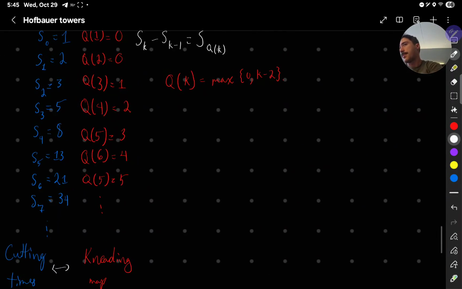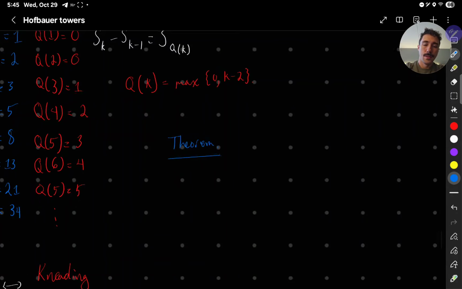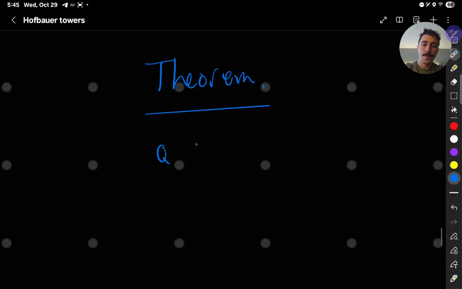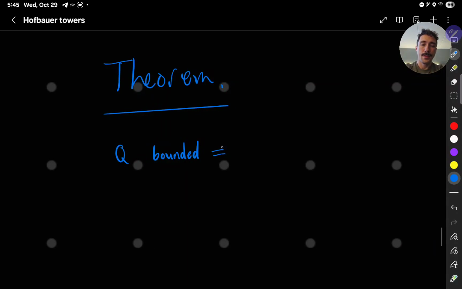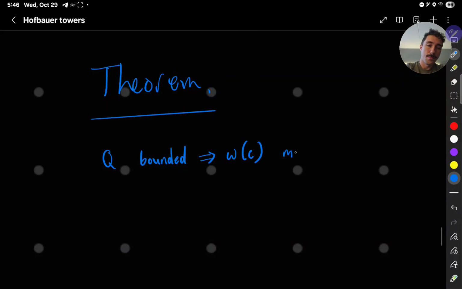Let me look to make sure I'm saying this right. So we do have a theorem. It turns out if Q is bounded, then the omega limit set of the critical point is nowhere dense.